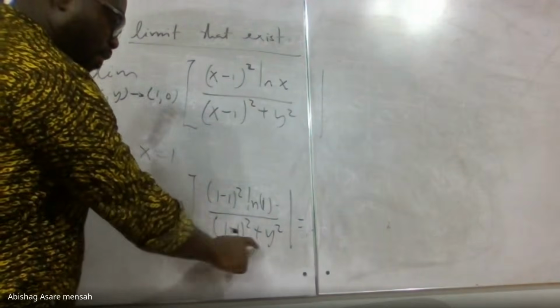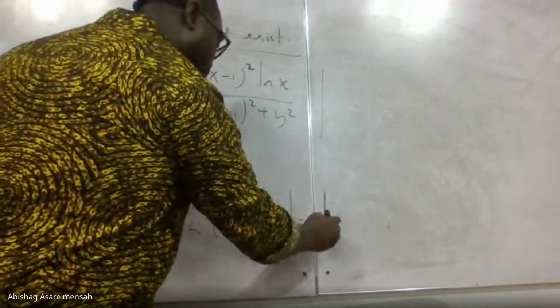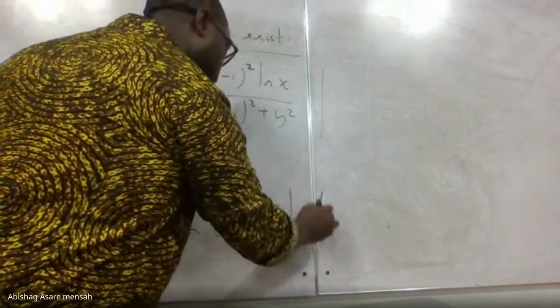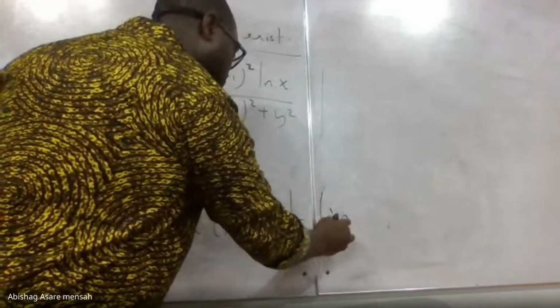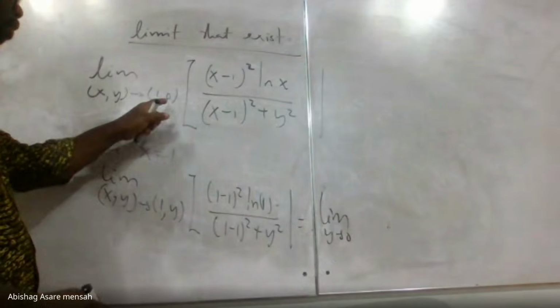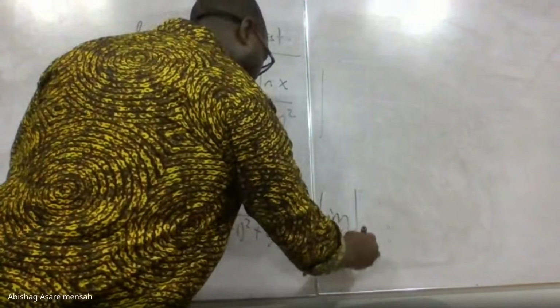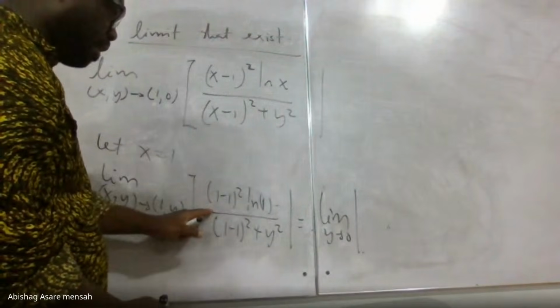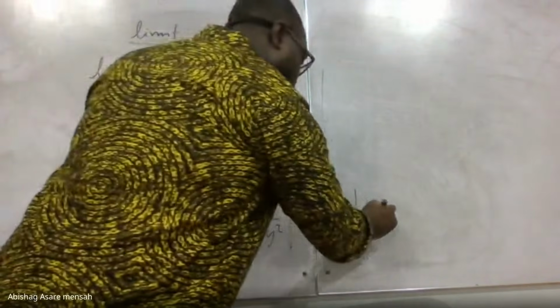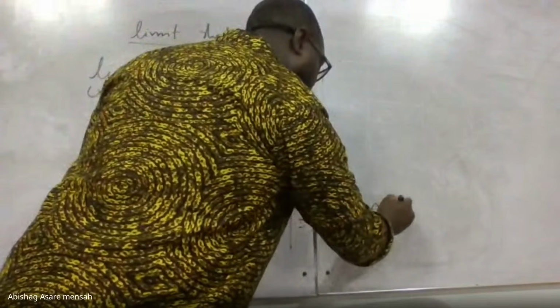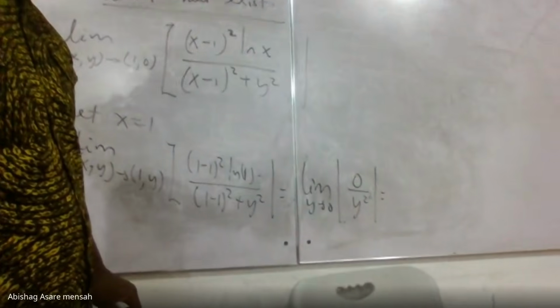So 0 over, I'll find the limit as y approaches 0. This time I'm going to the next one, y approaches 0. Now, it will be the limit. This one will be 0 over y squared. You know that 0 over y squared is what? 0.